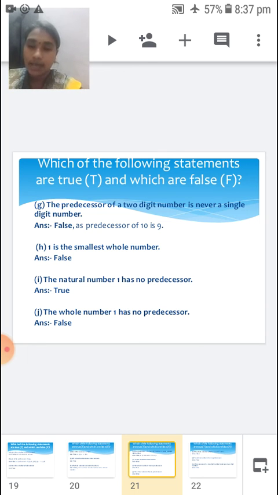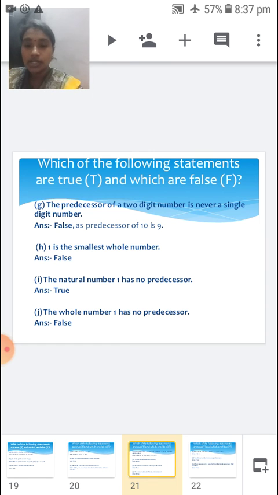So next we have another question. The natural number 1 has no predecessor. Okay. So since the natural numbers start from 1, there is no predecessor for 1. Hence, the above statement is true.